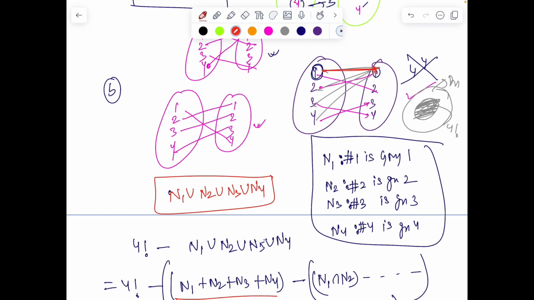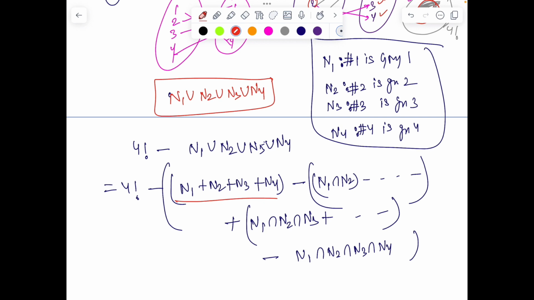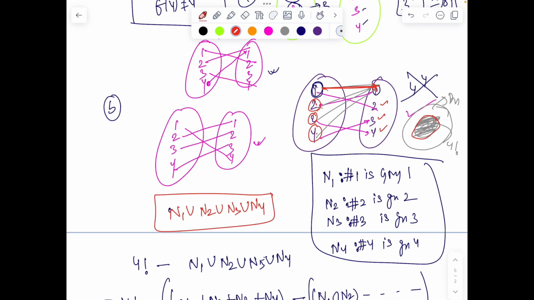So what is n1? n1 is the number of injective functions where 1 is going to 1. Now if 1 is going to 1, what about the next 3? Again, don't make the mistake of giving 3 choices, because remember, first we want to be in Bangalore. We are counting injective functions. So when we have 2, 3, 4, we have objects 2, 3, 4 here.